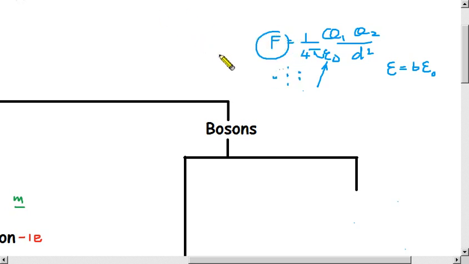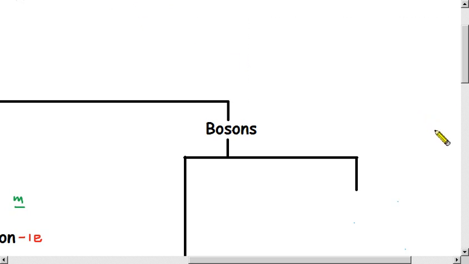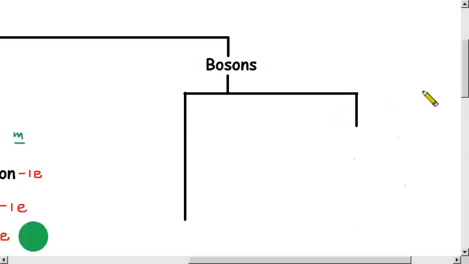Therefore we can believe that this idea is correct. That means there are some particles interacting with forces. So bosons are the force particles. We call them force particles.